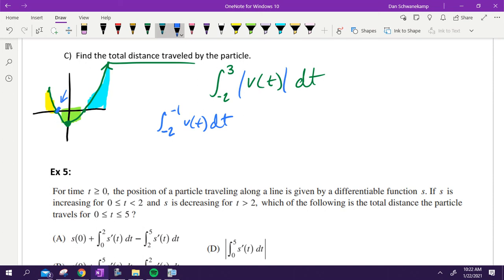So that's pretty easy. But that's not it. I need to take that answer, and I'm going to have to add to that another integral. What's my second integral going to be from? -1 to +1, v of t dt. What's going to be true when I do that part? It's going to be negative.